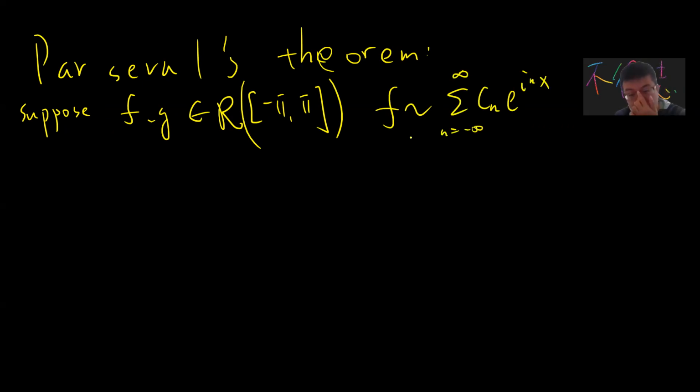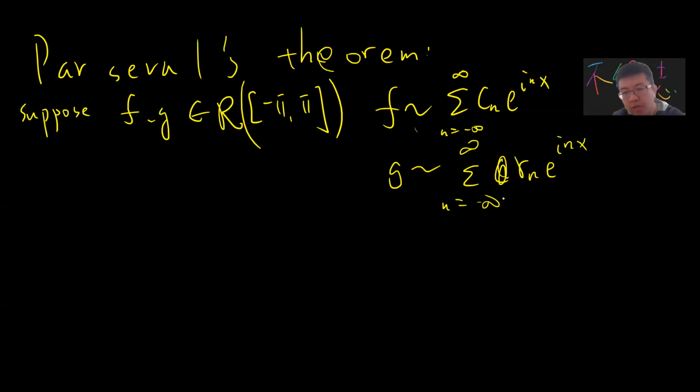Remember that I didn't say that f of x equals this series. I only say that the Fourier series of f is defined to be this, and that of g is defined to be this. By the way, I already proved previously that these two will converge.